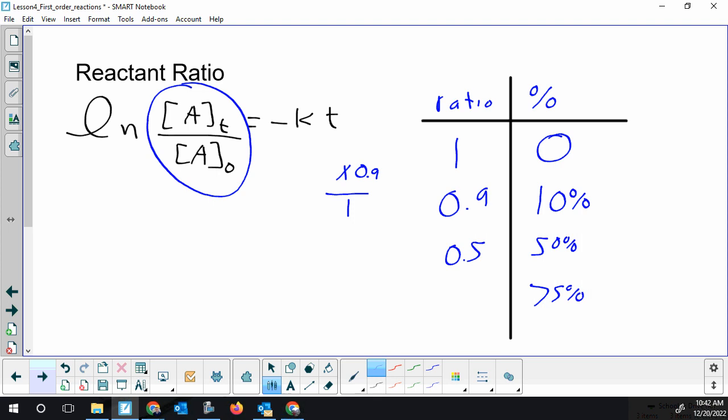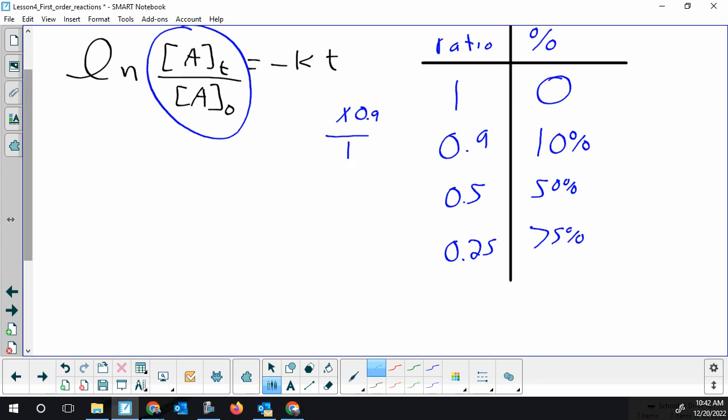There's now only 0.25 left on the top compared to 1 using my 1/1 original starting point. So this isn't going to be continuous. So I'm just going to put a line. I'm ending that trend.